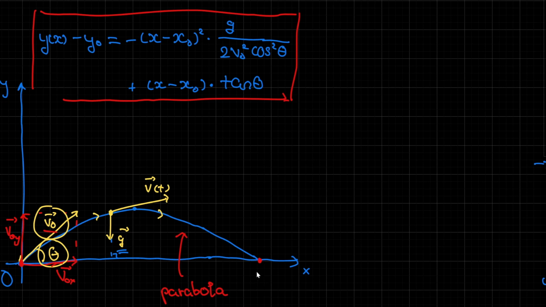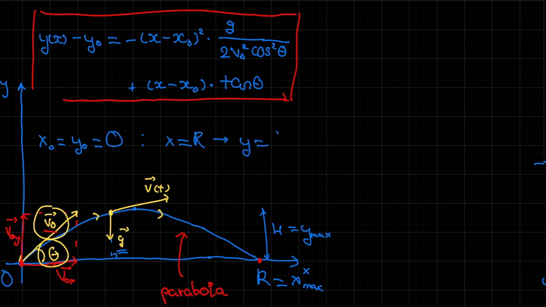And from this function, I can find r, which is the maximum value of x, and h, which is the maximum value of y. So now if I put these two both equal to 0, then when x equals r, y equals 0, right?